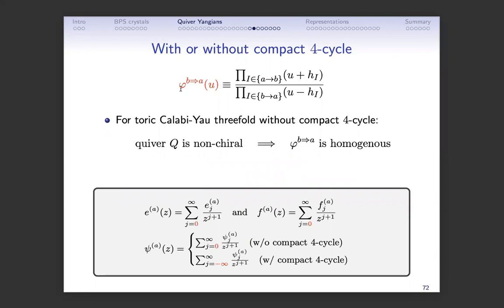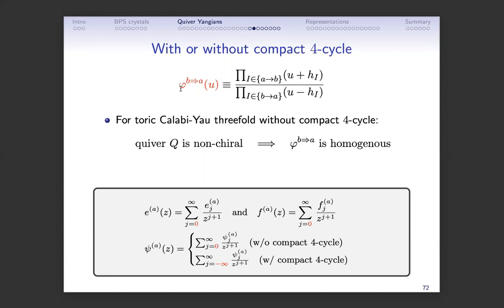And another thing is that much less is known for the case with the compact 4-cycle. For example, for the case without compact 4-cycle, the cell relation is also known. So once you include the cell relation, then the vacuum character of this Yangian reproduces exactly the counting of the crystal.